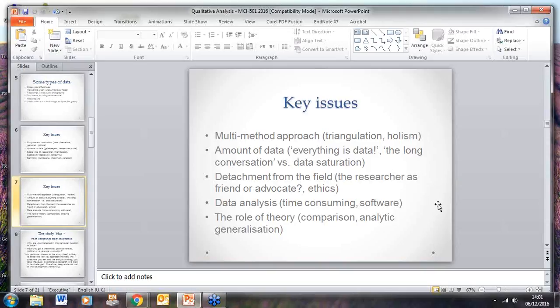That might be completely acceptable, because you're looking for something called data saturation, or theoretical saturation as we call it. Where you're interviewing people, you don't come across new information. You're just getting the same information over and over again, and so you don't need to collect any further information. And that might have determined the sample size.